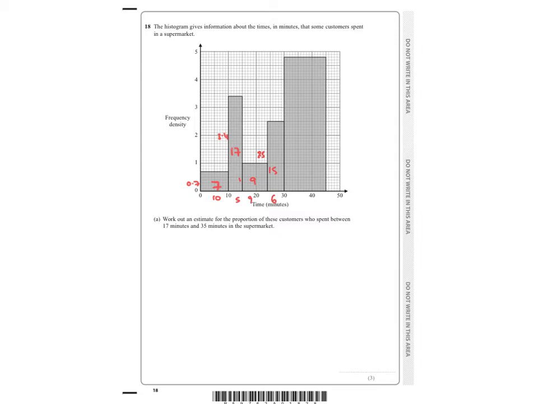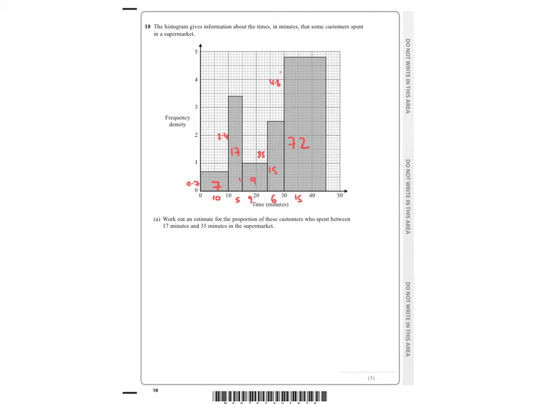And then here we have 15 and 4.8, so that's 72 people. Now I've worked out what everyone equals. We should probably read the question first before we do that, but I always find it handy because I think you will need them. Work out an estimate for the proportion of these customers who spent between 17 minutes and 35 minutes.